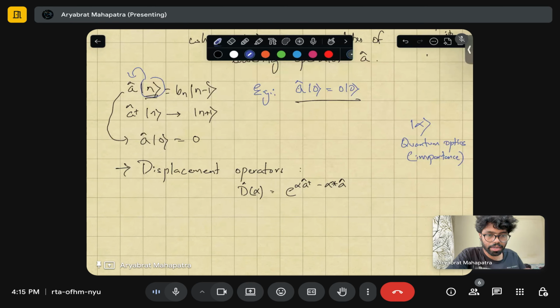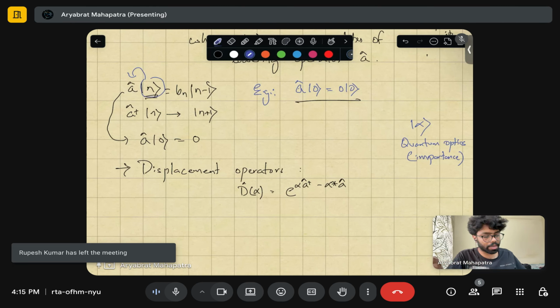These coherent states can explain classical types of states. Why classical? Because in coherent states, you will describe your quantum state or operator in a proper definite state.